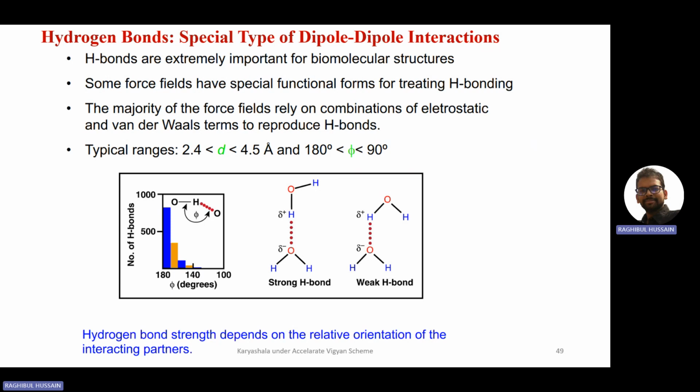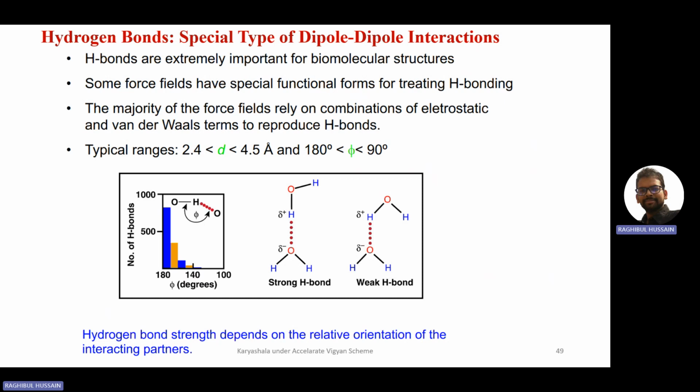Okay. One special case of interaction that we usually see in MD simulation is hydrogen bonding. These hydrogen bonds are extremely important for any kind of structure, and some force fields have a special functional form for treating the H bond. The majority of force fields only rely on the combination of electrostatic and van der Waals terms to reproduce the H bond.